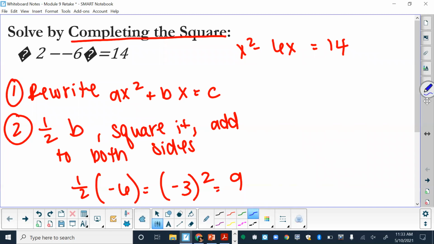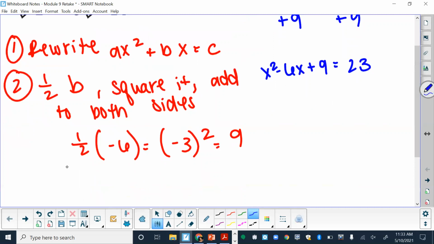This is the number that I'm going to add to both sides of the equal sign. On the left side, I don't have any like terms, so I'm just going to rewrite it so it looks like a trinomial, like standard form. 14 plus 9 is, good, 23.